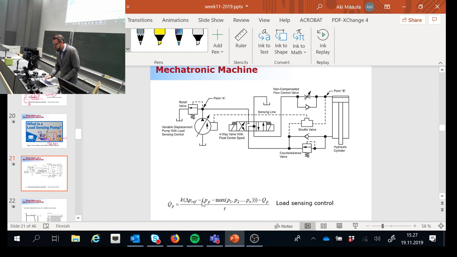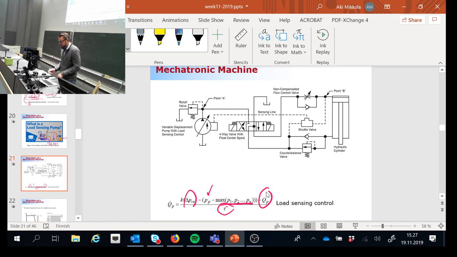Mathematically, this is that margin pressure, and then you have the number of measures here from different locations in your hydraulic circuit, and then that's compared to the pressure right after the pump. And then again, this is a time constant, and this is the flow produced by your system. That's the idea.